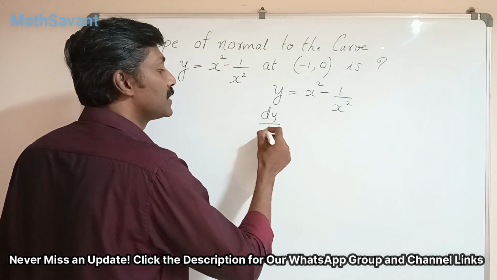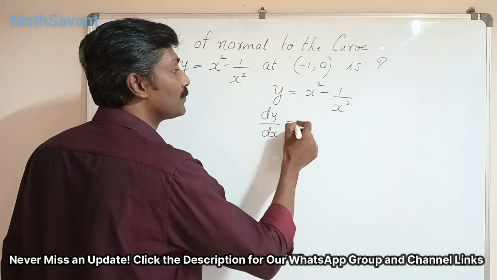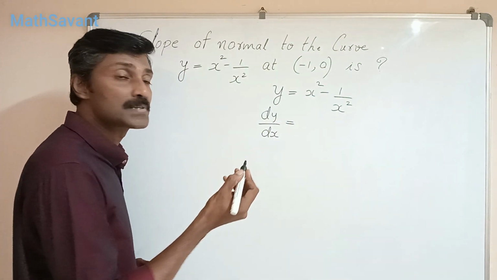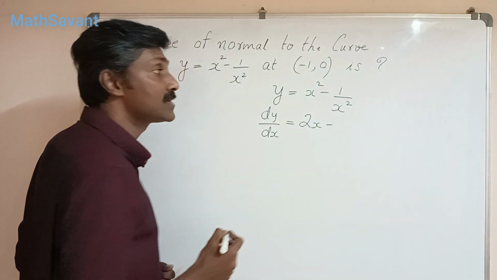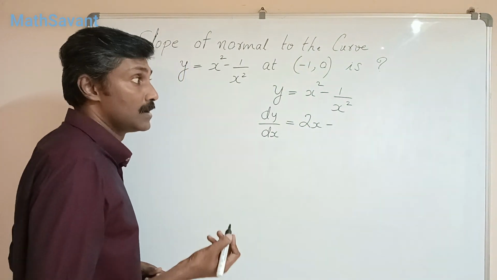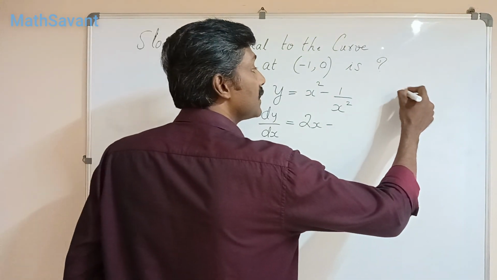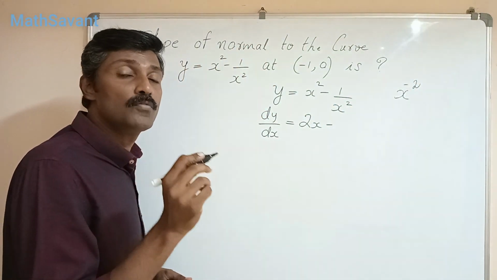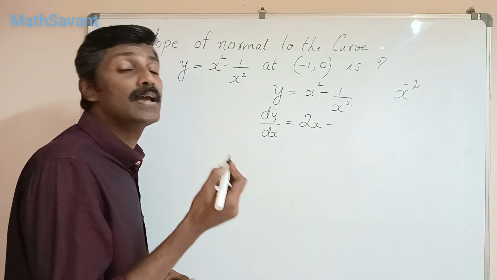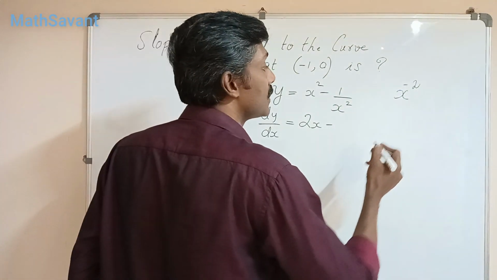So differentiating with respect to x, we get what is derivative of x square with respect to x? It is 2x minus what is derivative of 1 by x square? So 1 by x square is nothing but x to the power minus 2, right? And we know that the derivative of x to the power n is nx raised to n minus 1. So let me write it down.